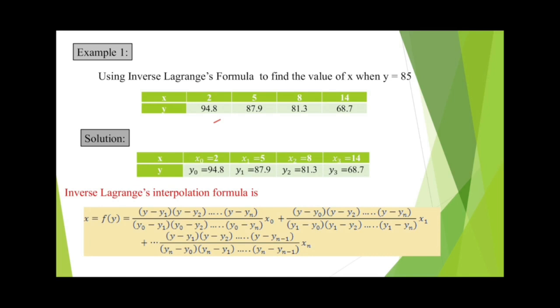Next I write the inverse Lagrange interpolation formula. Since we are finding x for a given y value, the formula is written as x equal to f of y. Now I substitute the given value y equal to 85 along with the corresponding x and y values into this formula. Then I calculate each term one by one and simplify the expression. Finally, by adding all the calculated terms, we obtain the required value of x corresponding to y equal to 85. In the next slide, we will perform this.